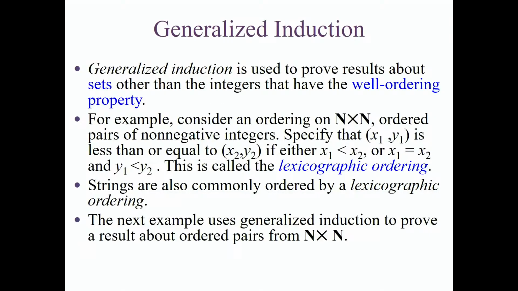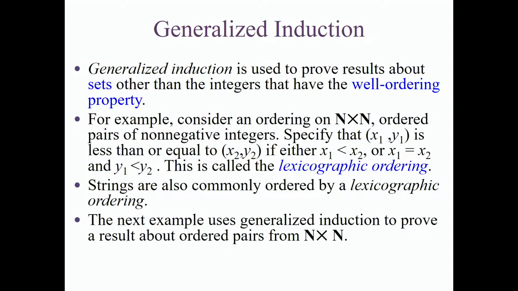If we have an ordering on ordered pairs, which we call x1, y1, and we want to compare the ordering, such as x1, y1 is less than or equal to x2, y2.